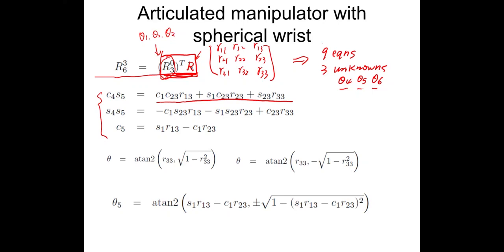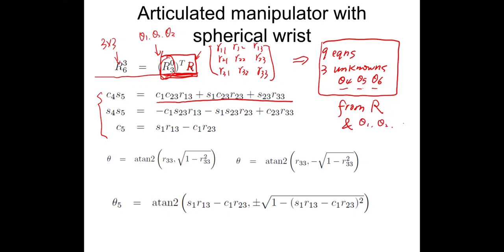But anyway, what we're doing here is to solve these 9 equations, because this is a 3 times 3 matrix, so that we can solve for these 3 elements from the real number R matrix and the joint variables theta 1, theta 2, and theta 3.